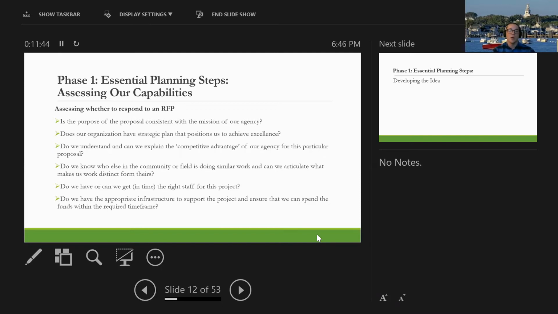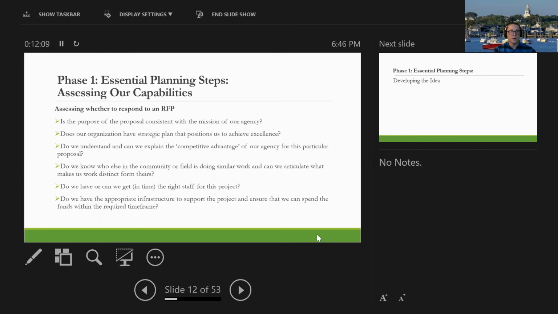Do we know who else in the community or field is doing similar work? And so what we talk about there is duplication of efforts. That can be a big no-go in the grant and development nonprofit sector. Duplicated efforts are frowned upon, and we can articulate what makes our work distinct from others. So that's that burden of proof you'll find within the proposal.